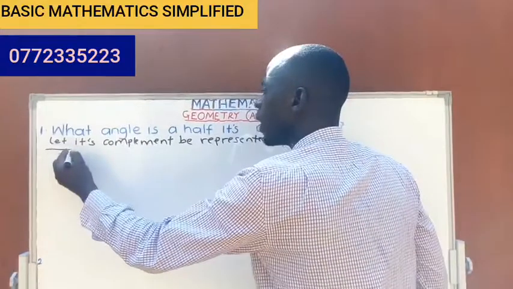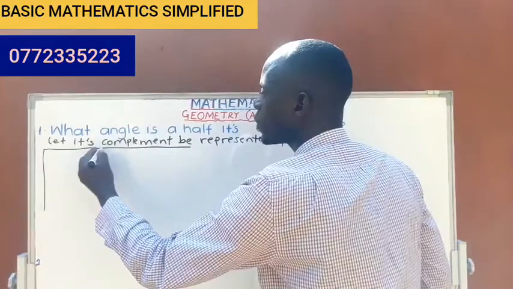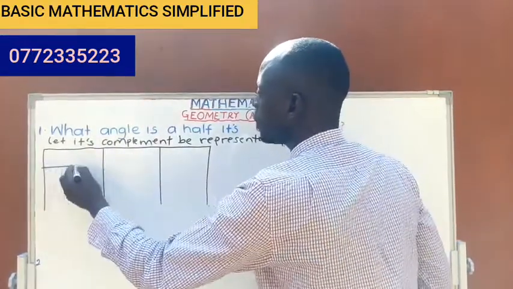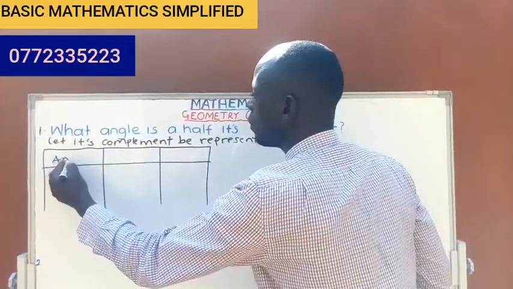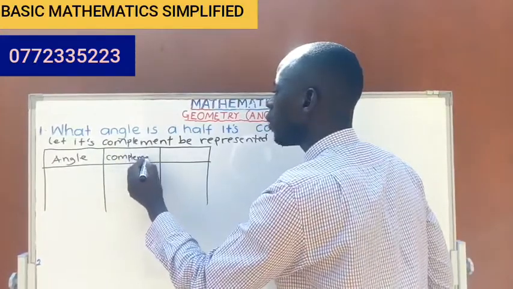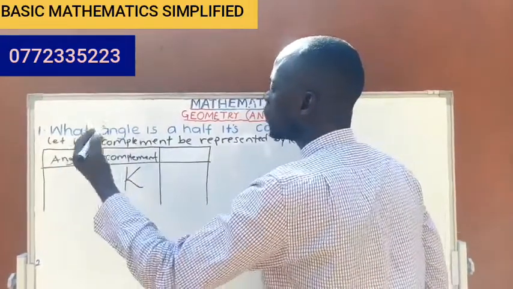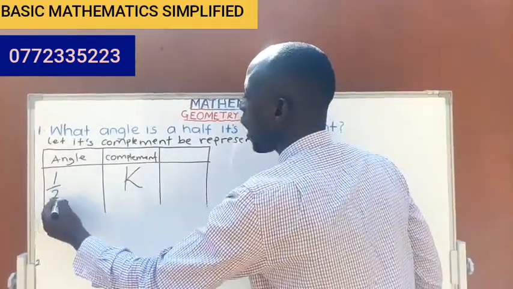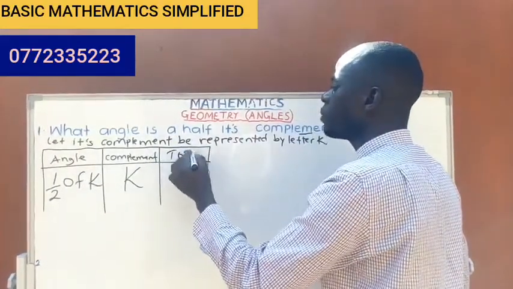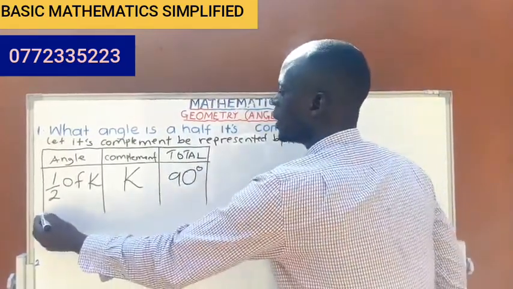And remember, the angle is a half its complement. So if this is the angle, and this is its complement, which we said is letter K, then the angle is a half of K. And remember, angles that are complementary add up to 90 degrees.